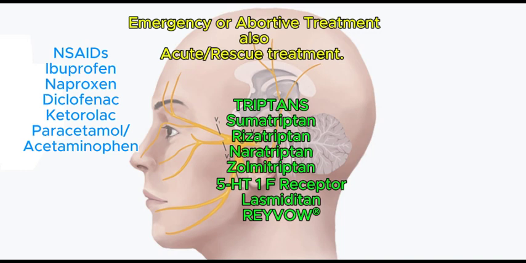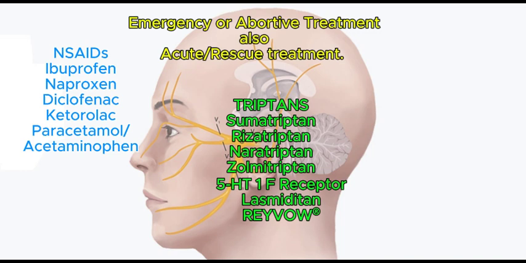The dose can be increased to 100 or 200 milligrams, but no more than one dose should be taken in 24 hours. A major side effect of lasmiditan is dizziness. Therefore, patients should not engage in potentially hazardous activities or drive a motor vehicle for at least 8 hours after each dose of lasmiditan.